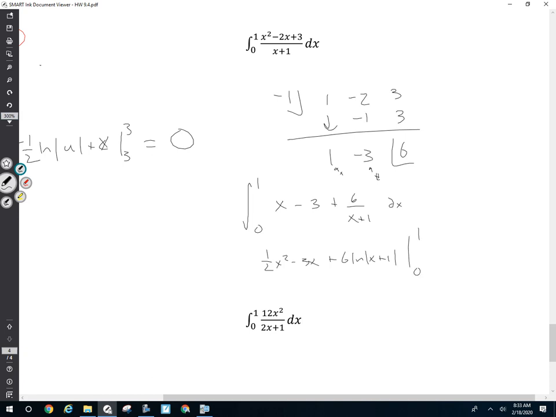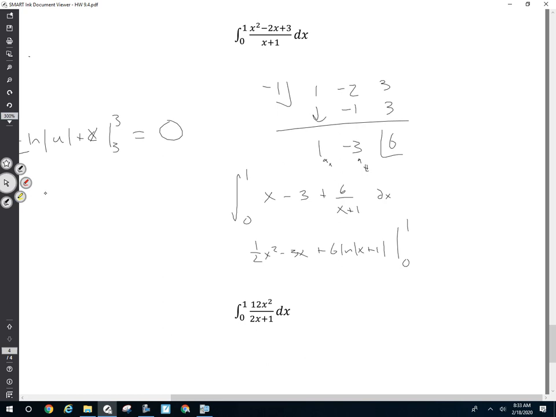Finding the change in this from 0 to 1, so I don't need the c. I have 1/2 minus 3 plus 6 log 2 minus the quantity of 6 log 1. 6 log 1 is 0. So since that's just 0, this is my answer, which is negative 5/2 plus 6 log 2.